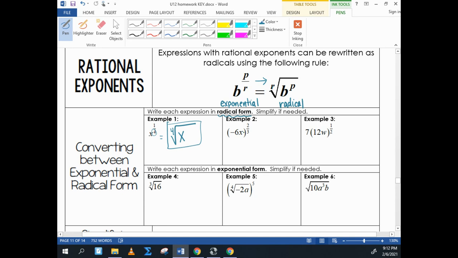All right. Now notice as well, these exponents, any exponent only goes to the term that's immediately to your left. So this 1/4 just goes to x. That's the only thing there. But if they want it to go to all of this, the negative and the 6 and the x, they're going to put it in parentheses. So this is my base, is what that is really saying. So under my radical, I'm going to have this negative 6x.